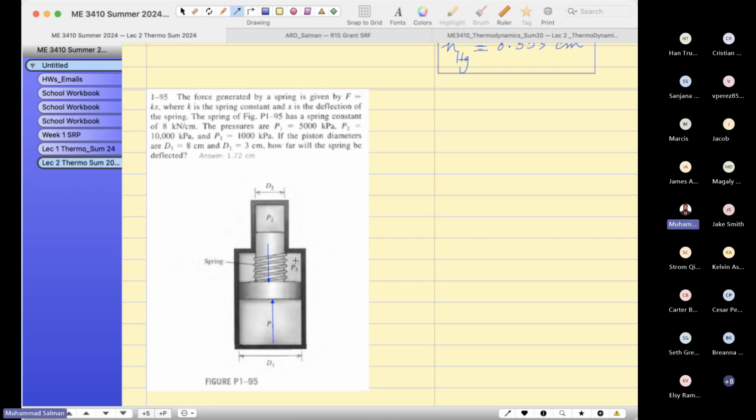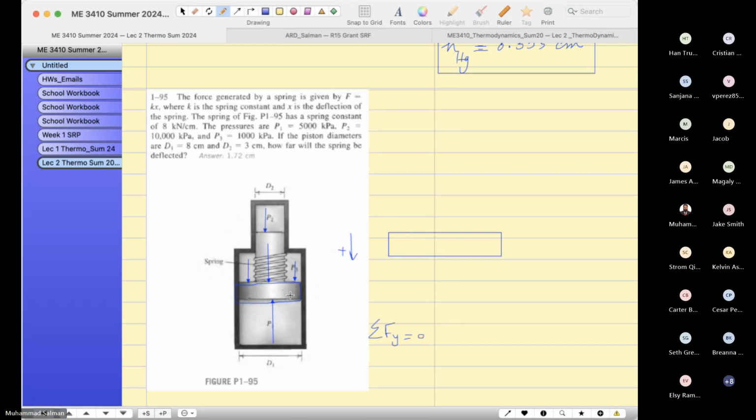The fluid around the piston in this area is at pressure P3, and there is also pressure here. If I draw all the forces in the y direction at equilibrium, assuming positive is downward, how many forces are above this piston?